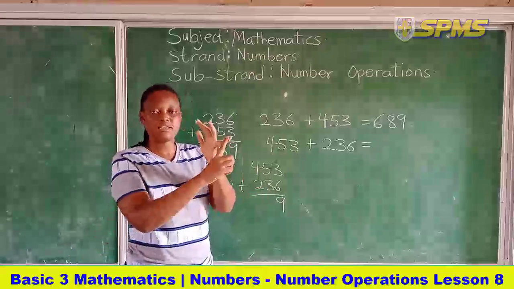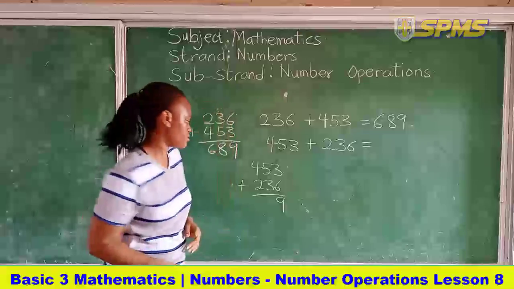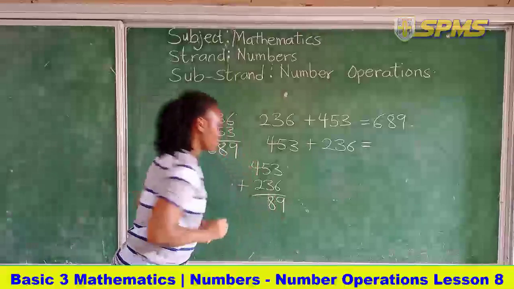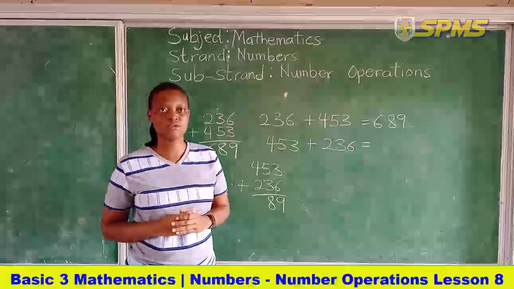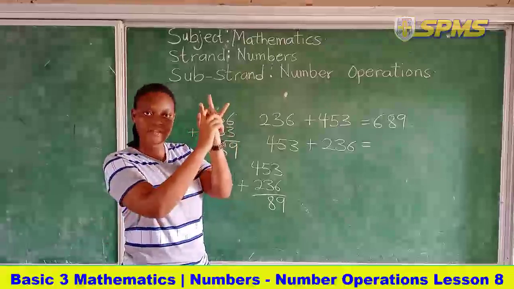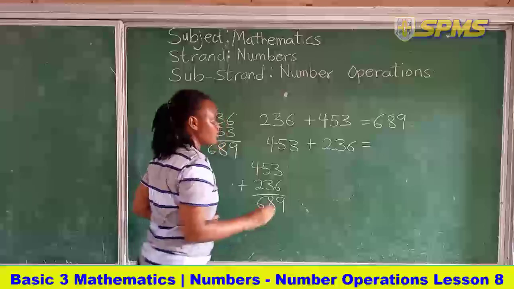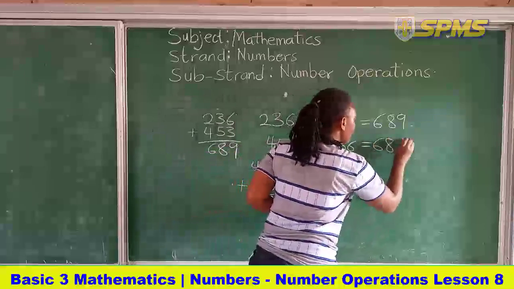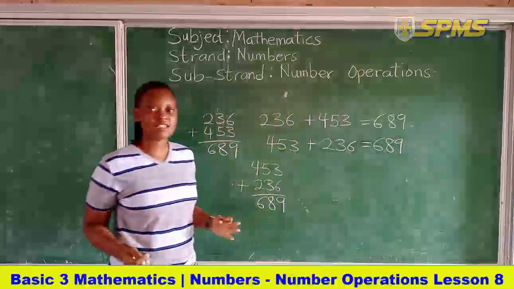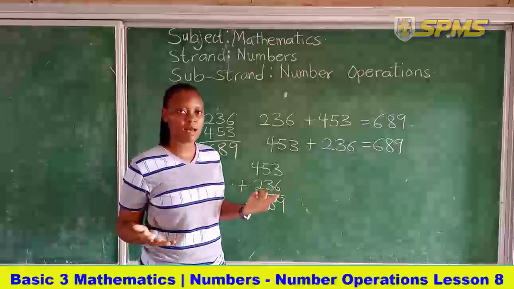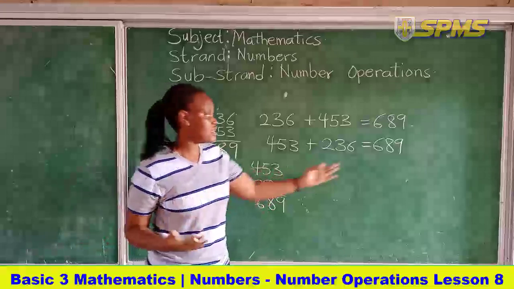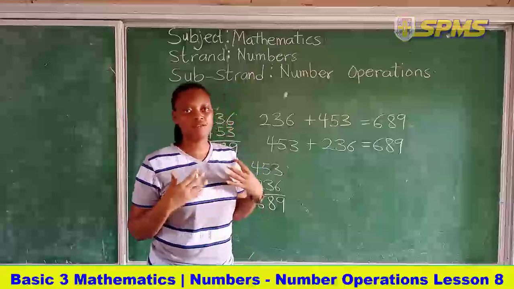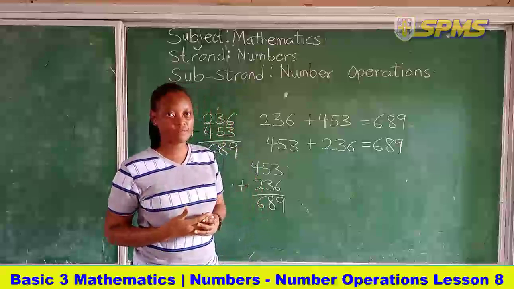So 5, 6, 7, 8. 4 plus 2. So 4, 5, 6. So we have 689. So we realize that changing the positions of the numbers didn't affect the final answer.